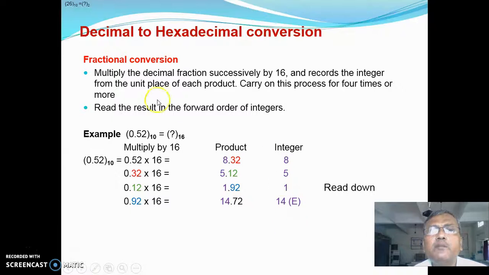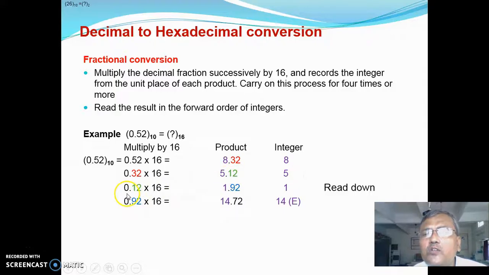Then we consider the other part, that is the fractional part. In the fractional part we multiply by 16 here and write down the integer. For example, if we take 0.52 to the base 10, what is it to the base 16? You multiply 0.52 by 16, then the product is 8.32, the integer in this case is 8. Then you take the fractional part 0.32 multiplied by 16, then we get 5.12, the integer part is 5.